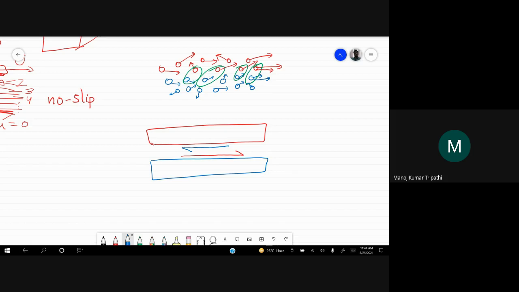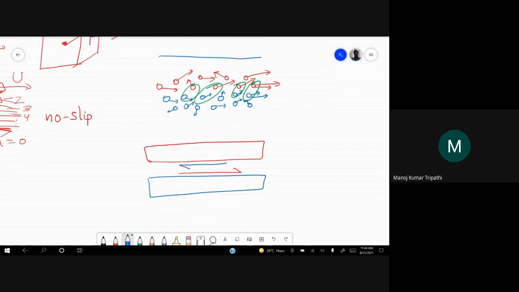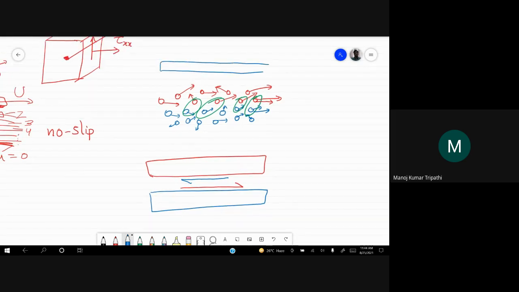So here what we were talking about are the layers just below that layer. The solid was somewhere here and there are some molecules here also. There are some molecules that are sticking, which have no slip boundary condition, and then there are molecules below that which are moving.